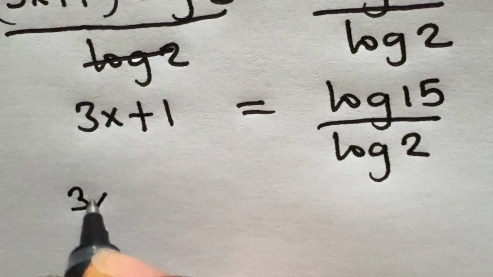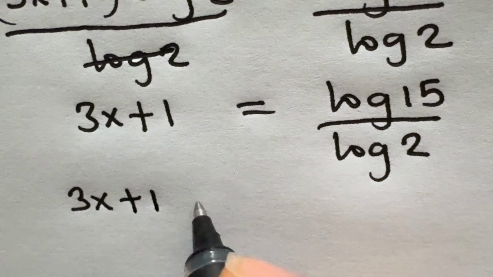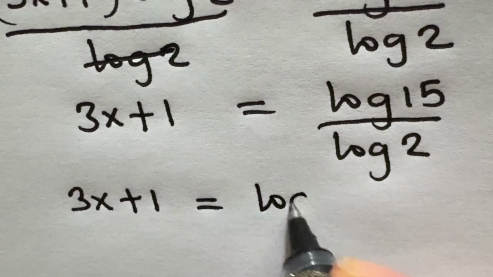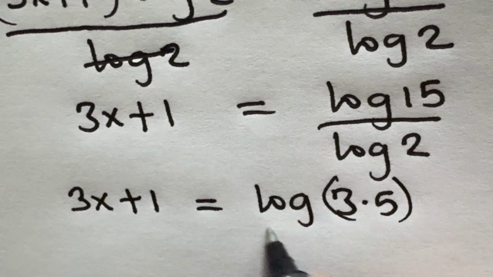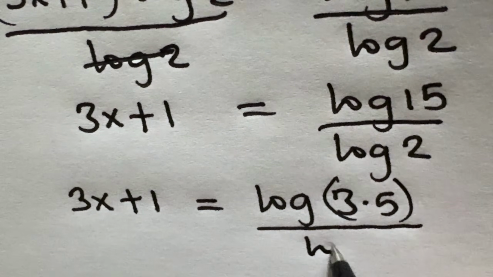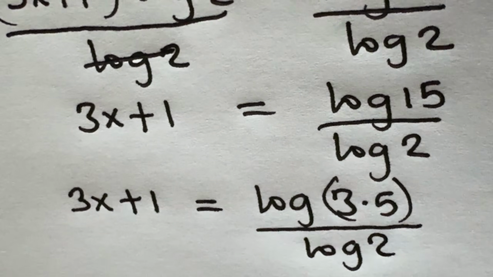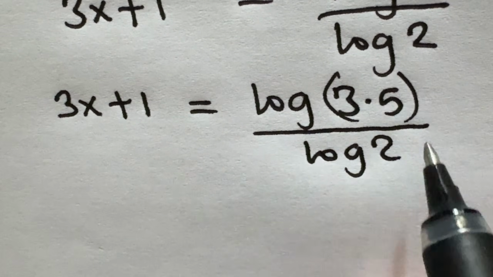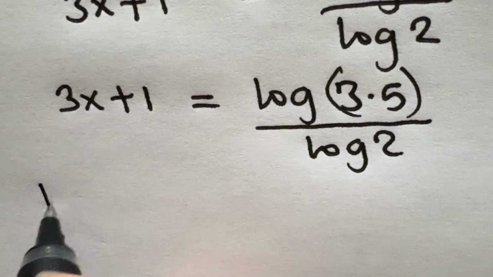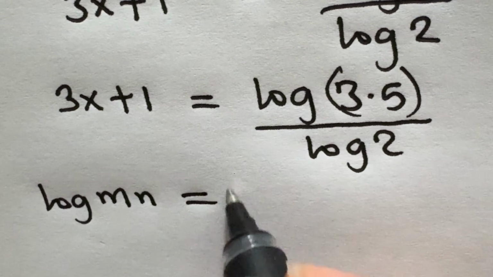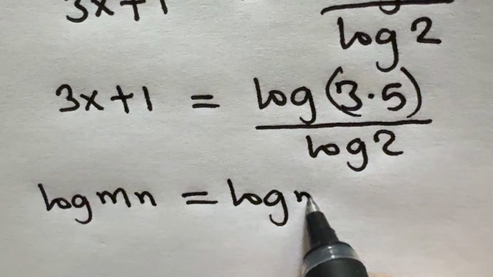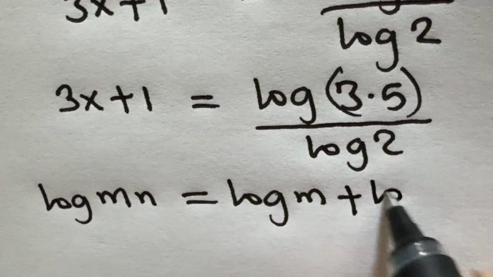3x plus 1 is equal to, let us express 15 as 3 times 5. And now I can separate this product using another law of logarithm. Log m times n will give us log m plus log n.